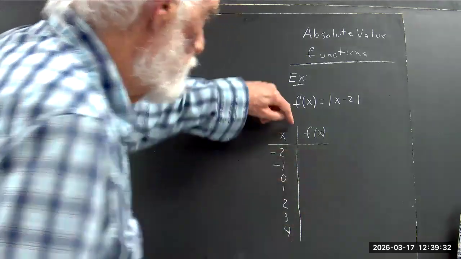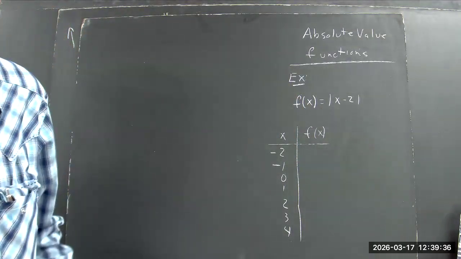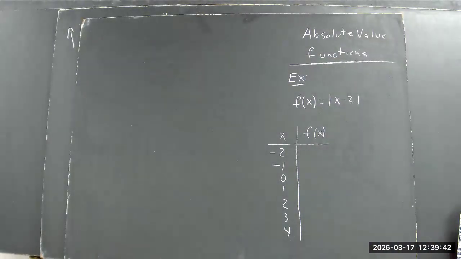Can you fill in the values of f of x? Go ahead and do that. It should be pretty quick. Let's just make sure everybody is on the same page here.